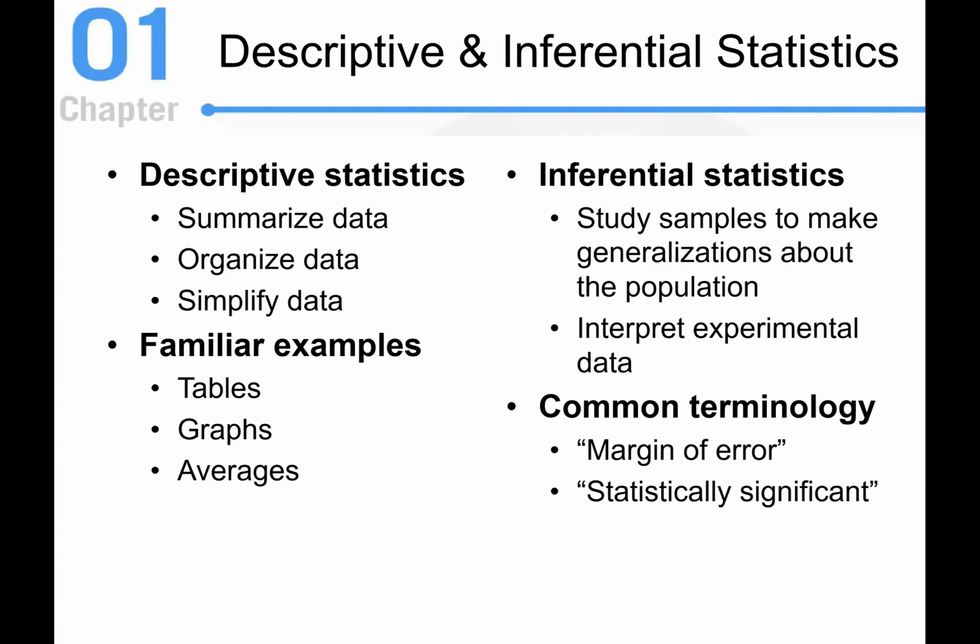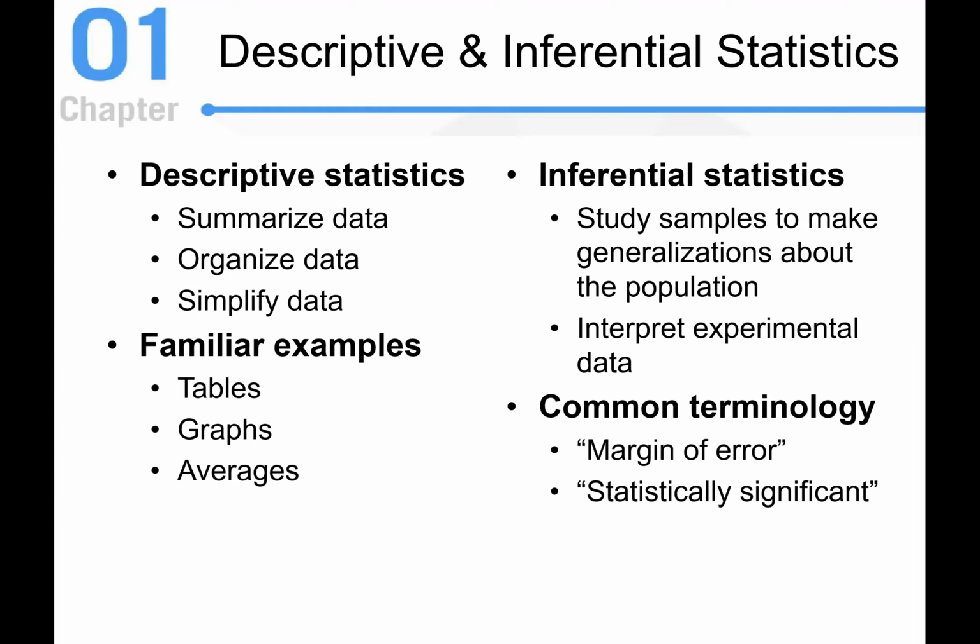So there are two different types of statistics, right? There is descriptive statistics, and there are what's called inferential statistics. A little bit early on, I kind of discussed the inferential statistics, but I'm going to start with descriptive.